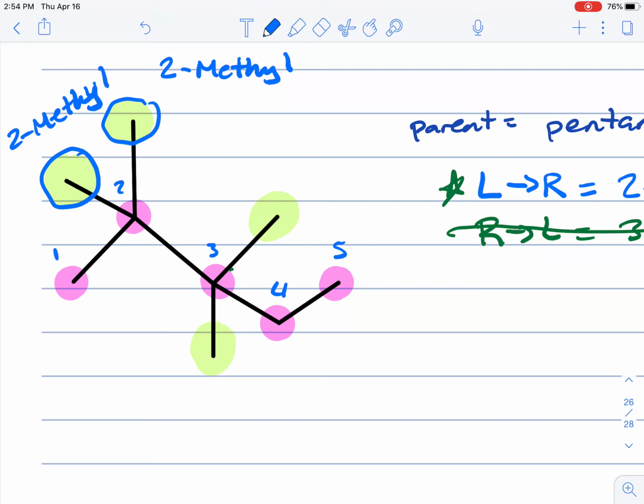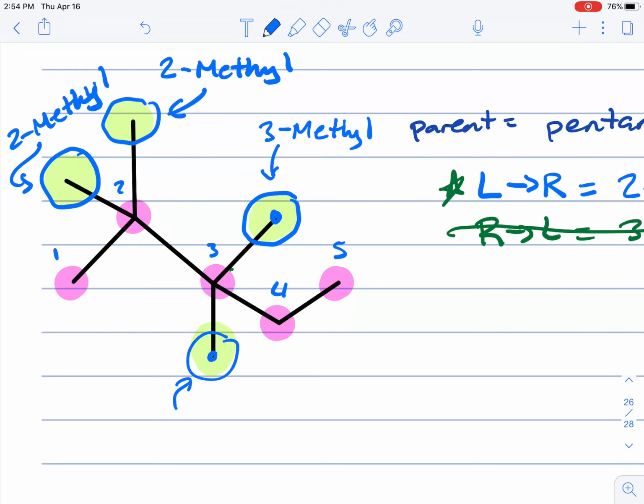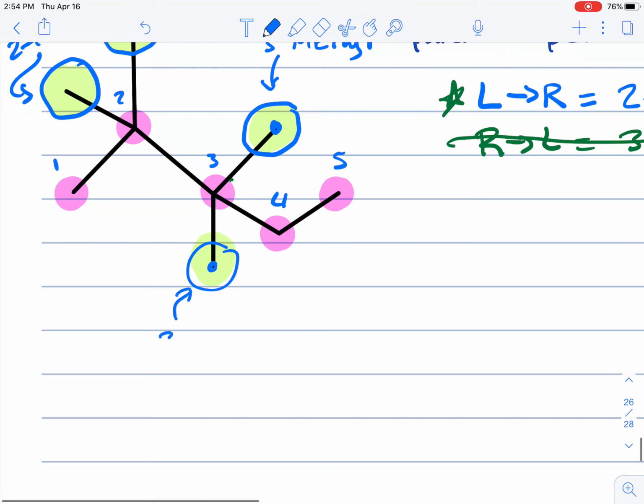Okay. So here I have another one, and there's only 1 carbon, and so that's going to be another methyl group. So this is going to be 3-methyl. And same thing here, I only have one carbon, so that's going to be 3-methyl.